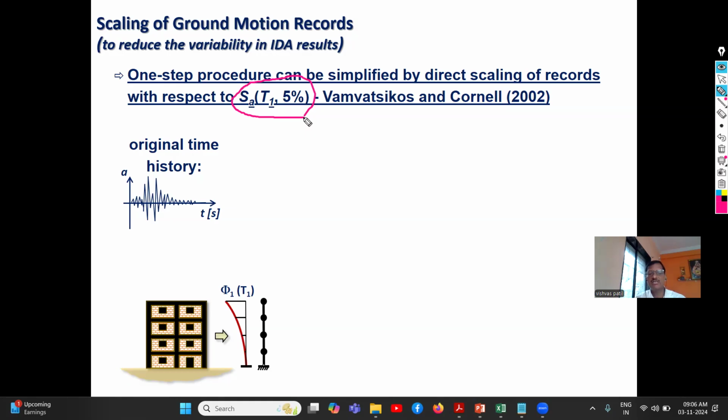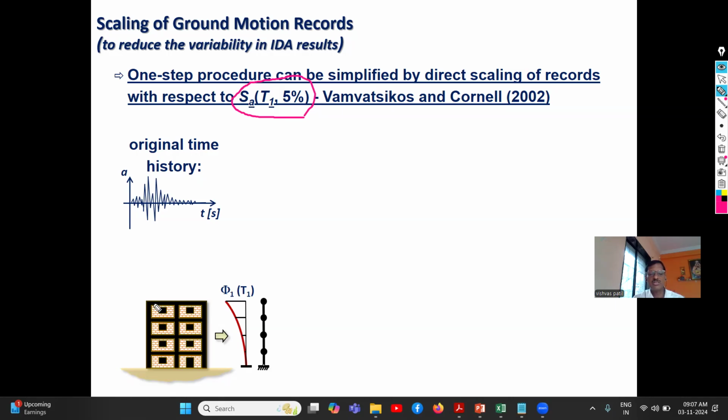If the intensity measure is PGV, then the scale factor will be 1 divided by PGV. So that means in this one-step scaling procedure, we must know the actual SAT1 value, the actual PGA value, PGD value, and PGV value.